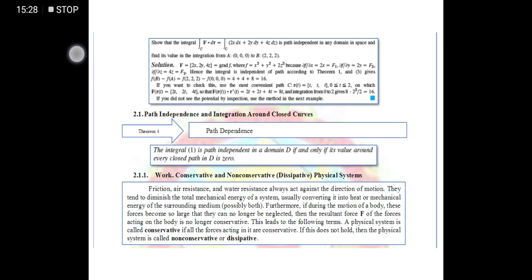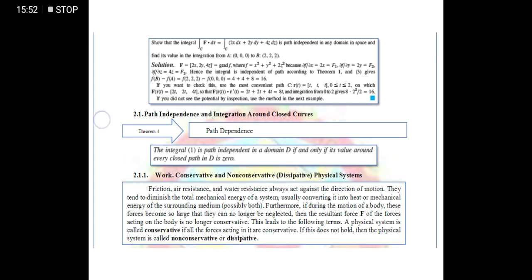So, we have here 2.1, path independence and integration around a closed curve. If your function is path independent and you integrate it with respect to some closed curve, the result will be equal to 0.